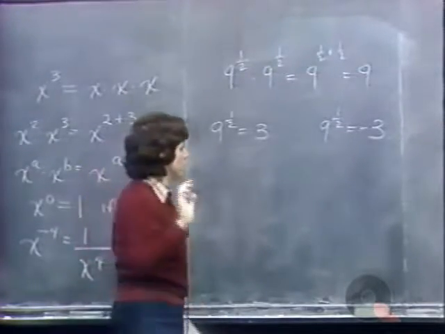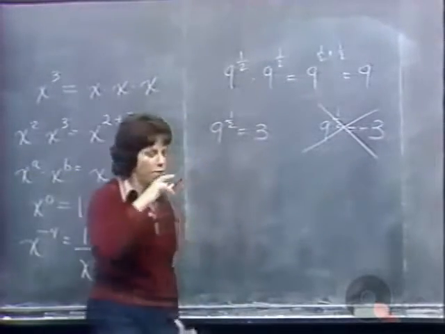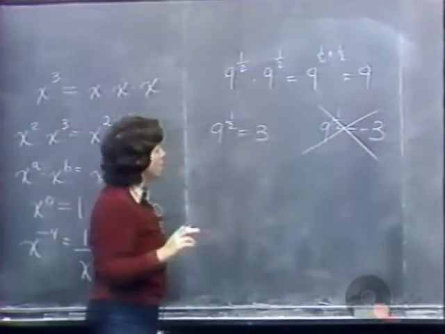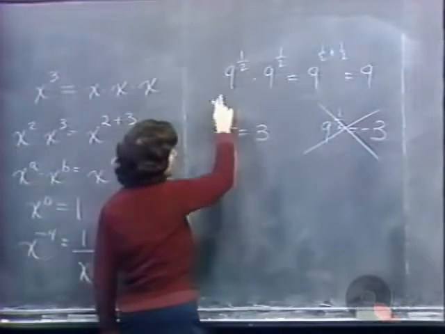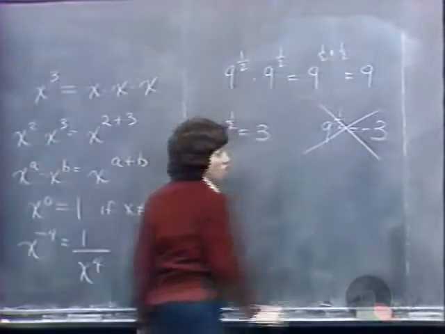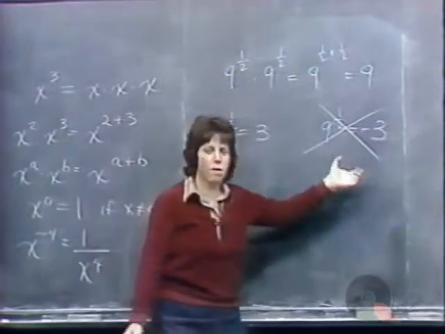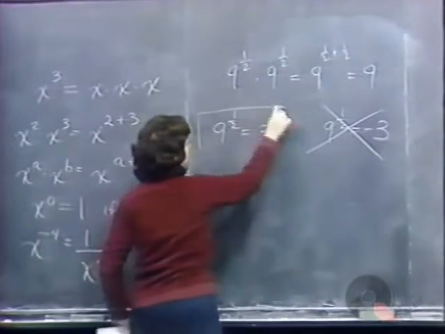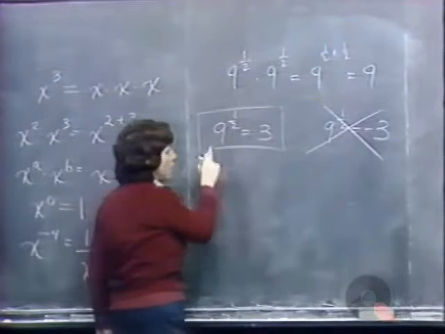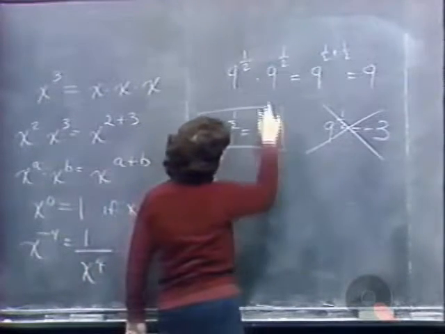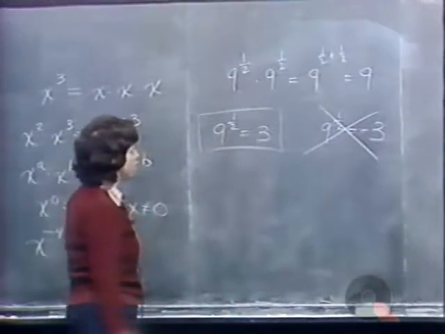So arbitrarily, we will say that whenever I have 9 to the 1/2, I will take that to be plus 3. That is, 9 to the 1/2 will be the positive number, which when multiplied by itself gives us 9. We could have defined it differently, but this is the traditional way to define it. And we will be consistent, we will stick with this. 9 to the 1/2 is the positive number, which when multiplied by itself gives us 9. 9 to the 1/2 must be, of course, plus 3.